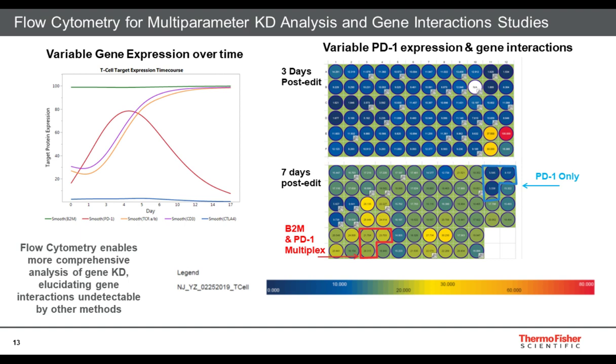So, 7 days post-editing, my PD1 is still knocked down effectively. However, if you look at the bottom left of the 7 days post-edit plate, outlined there in red, my PD1 expression recovered over time. And that's really important because when I ran my NGS, when I did my Sanger sequencing, the same proportion of my cells is still knocked out.